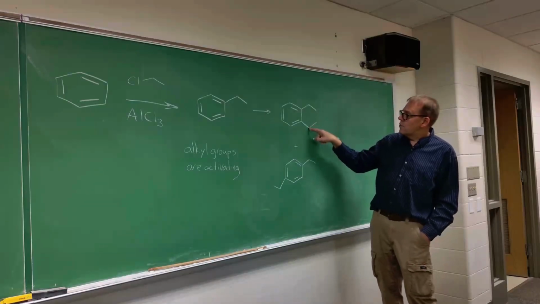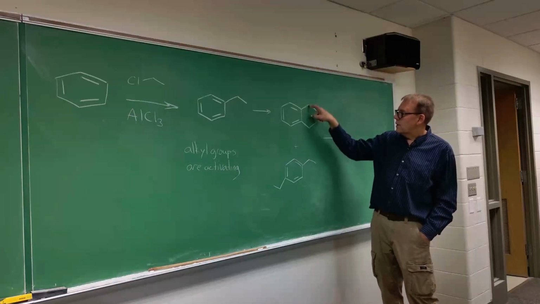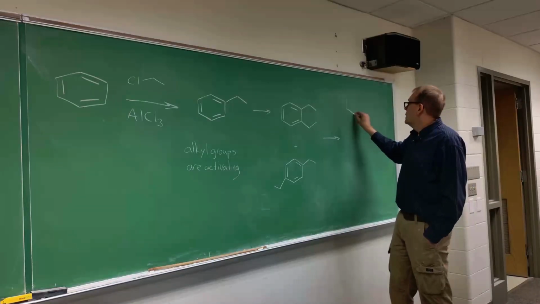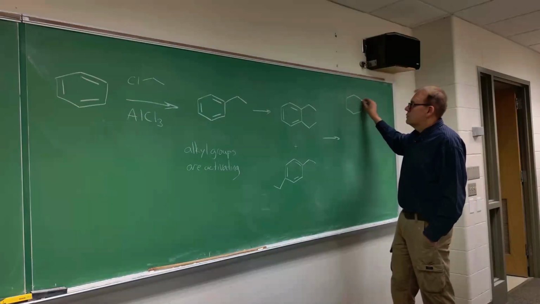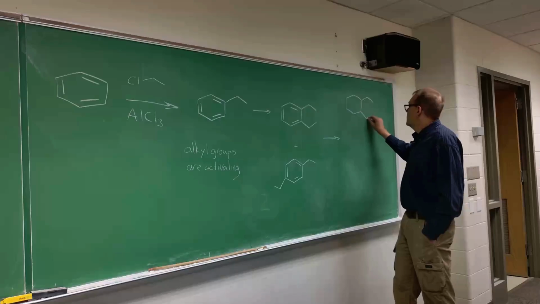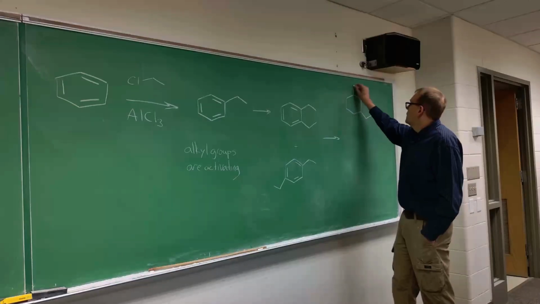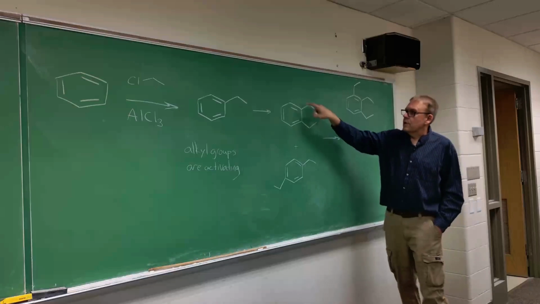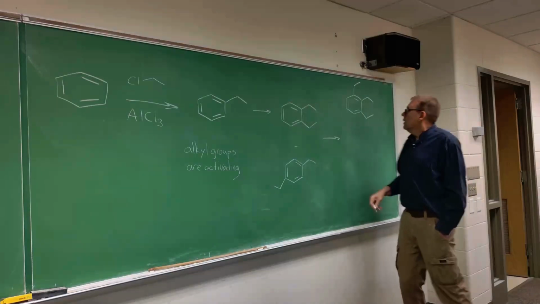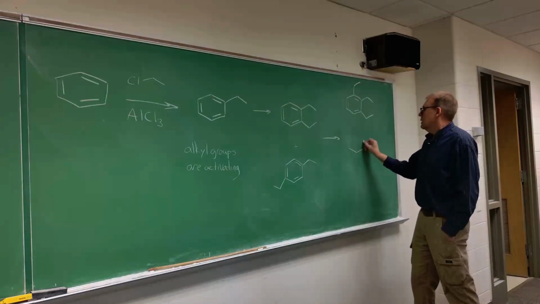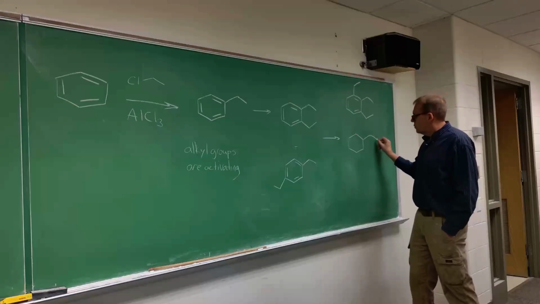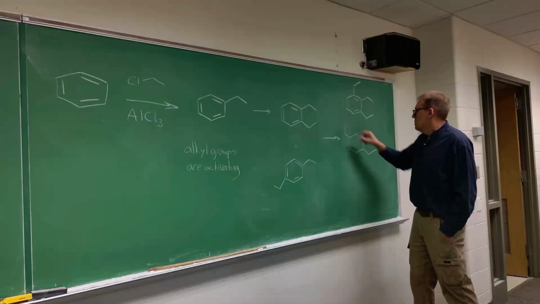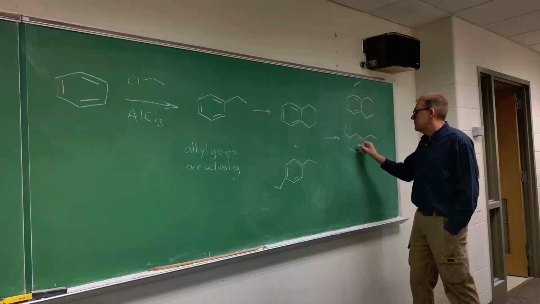And this is an ortho-para director, that's an ortho-para director, so there are a few different possibilities. You could get a product where you get an ethyl group there, which is ortho to that substituent. You could get another ethyl group where you get it para to that substituent.